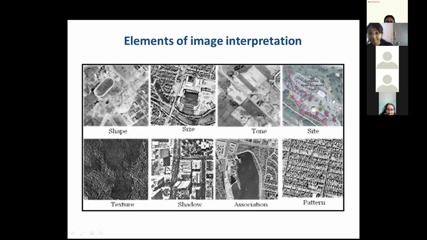Then is the size. Now if you have a small area, you have to identify buildings which are residential and distinguish them from buildings which are commercial. So how will you do it? The basic information you have is that commercial buildings are large in size.